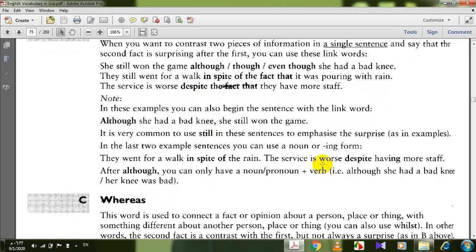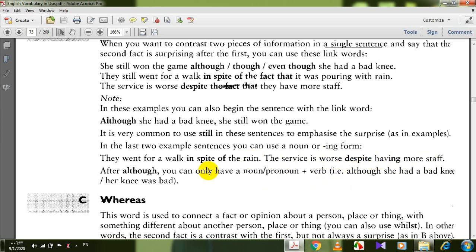The service is worse despite having more staff. Despite having more staff. But we have more. Despite being rich, he was unhappy.